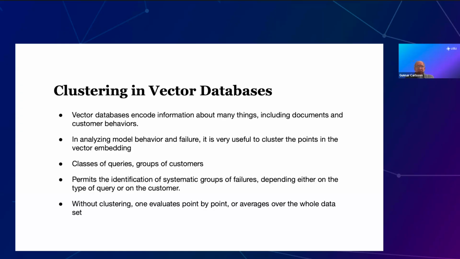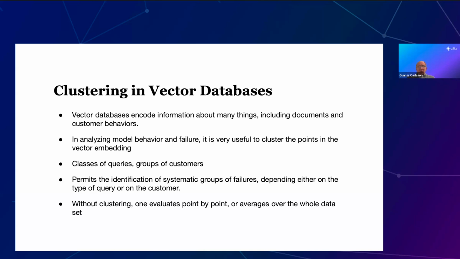And so in analyzing model behavior and failure, it turns out it's very useful to cluster the points in the vector embedding. That is to say, to divide it into groups, but a number of groups which is much smaller than the collection of points in the data set. So you might take something with 1,000 points and cluster it into 5 groups. And that could be classes of queries, groups of queries, but it could also be groups of customers that you're trying to understand.